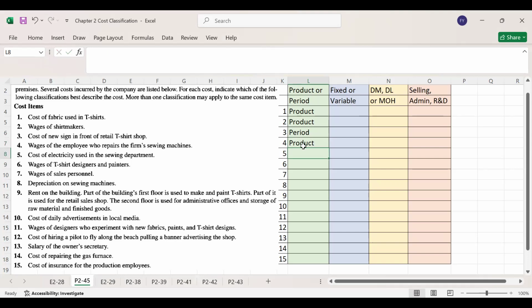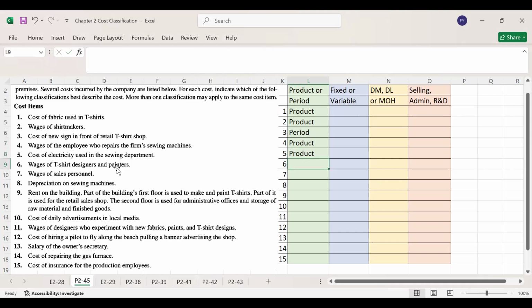The fifth one is cost of electricity used in the sewing department. It is a part of the factory, so this is a product cost.